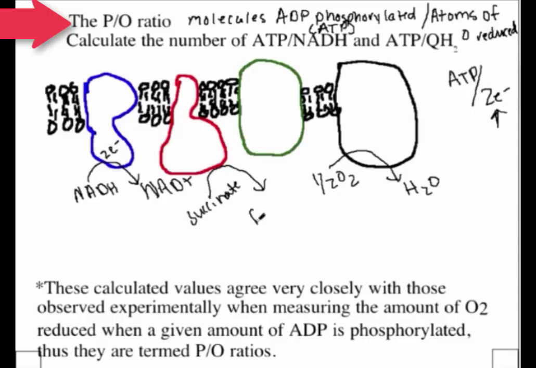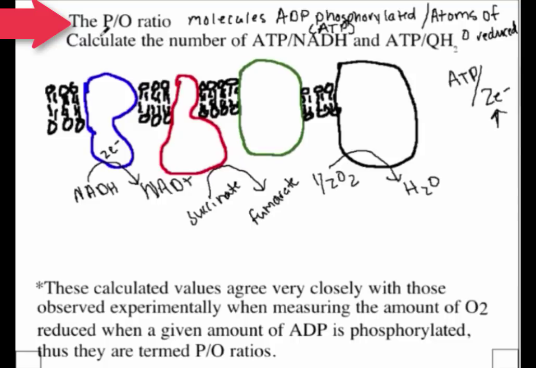Then they enter the chain lower down, and they donate their 2 electrons to a non-proton pumping member of the chain, so they're only worth the 4 protons pumped here and the 2 here, for a total of 6 protons. So you're right, it does depend on where those 2 electrons come from. It depends on whether they come from NADH or from QH2.